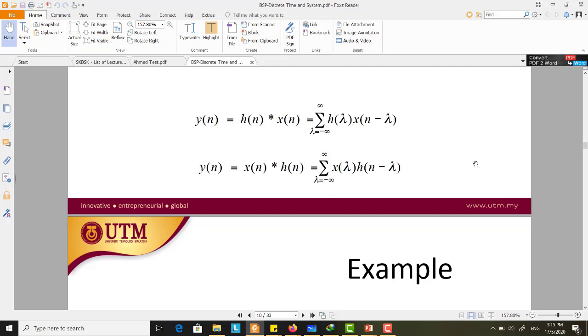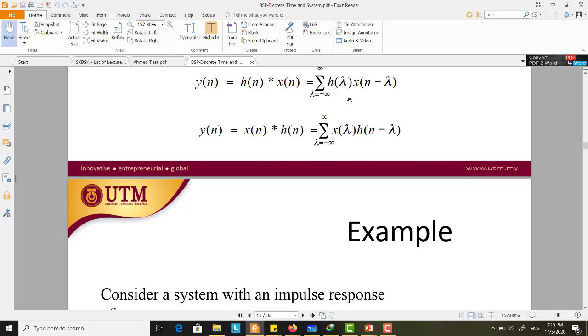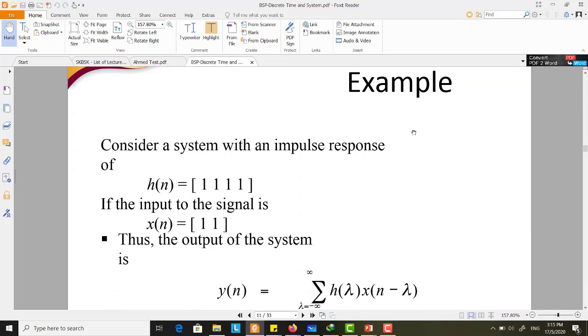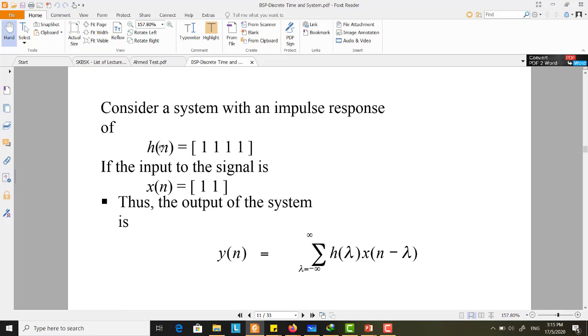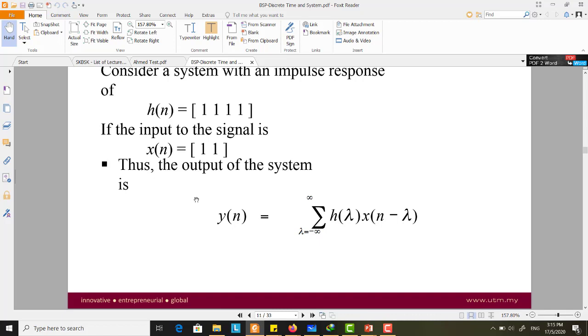Now take a look at the example over here, how to actually compute this operation, which is a convolution. This is my filter and this is my input, to find y[n].